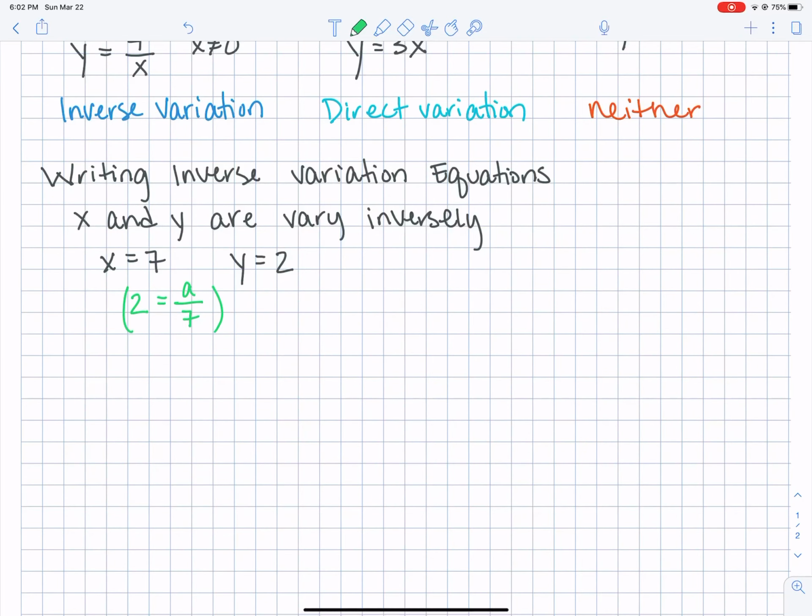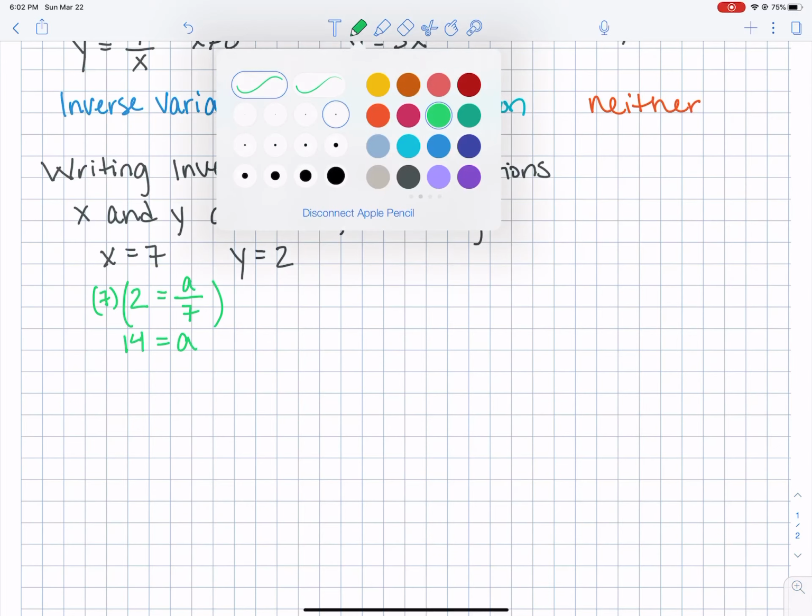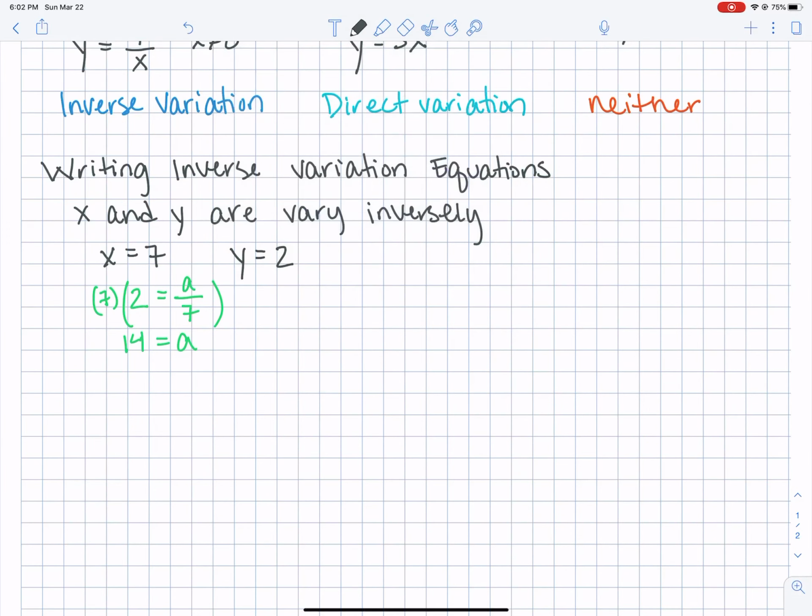You see that we need to multiply both sides by 7, meaning that 14 is equal to a. And using that piece of information, I'm now able to write my equation, which is that y is equal to 14 over x. And I'm going to box this right here. And this is my final answer.